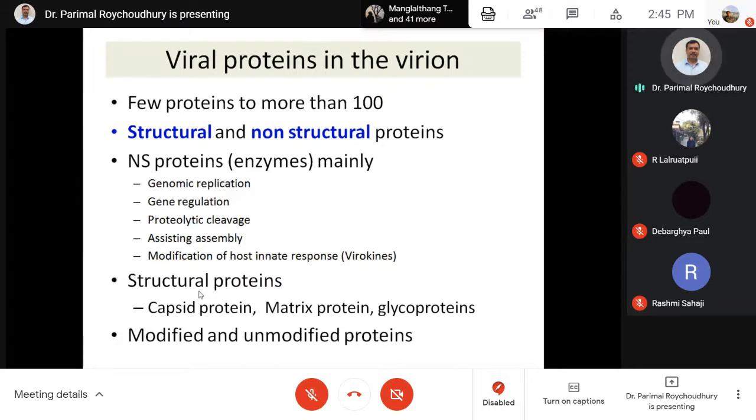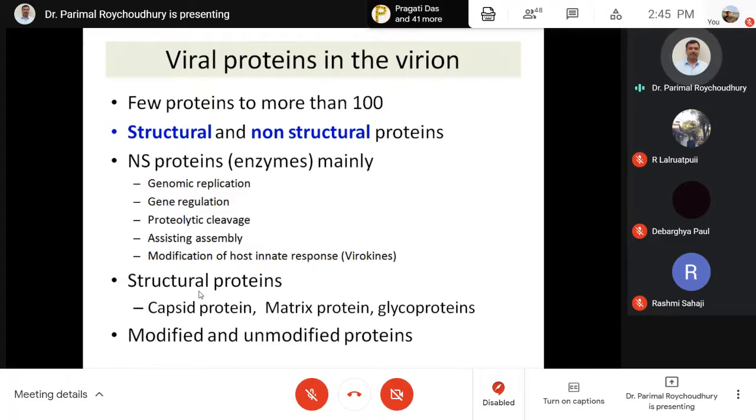To understand the proteins present in the viruses, they can be very easily categorized into two important groups: structural protein and non-structural protein. All the viral proteins we can categorize as structural and non-structural. It's quite obvious, and everyone can get an idea.